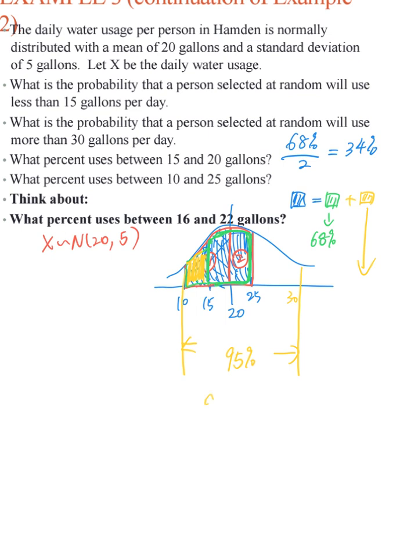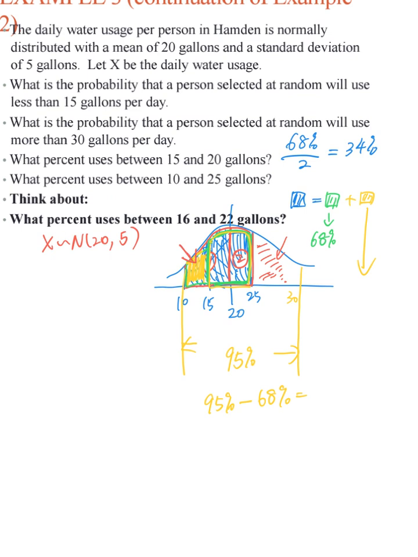And for this 95%, if I subtract the middle part, 68%, I can get the yellow color part plus this part. And because the area for this part is equal to the area for this part, could you follow me?